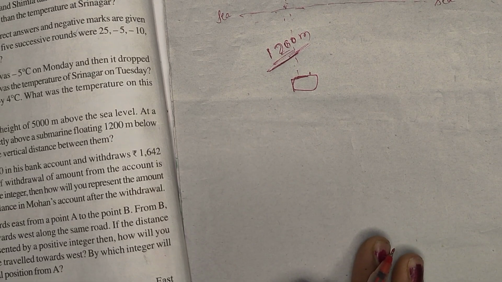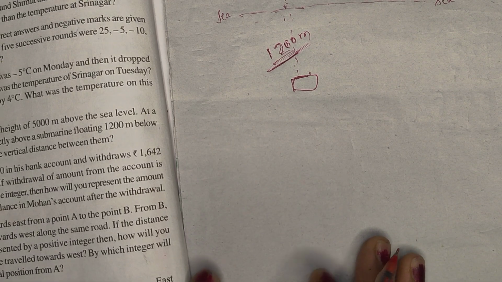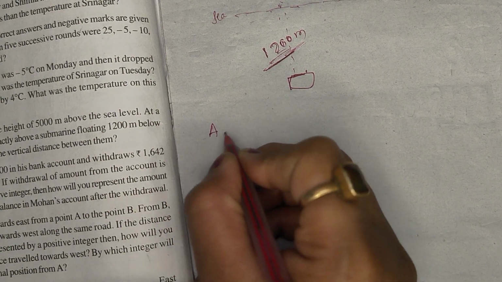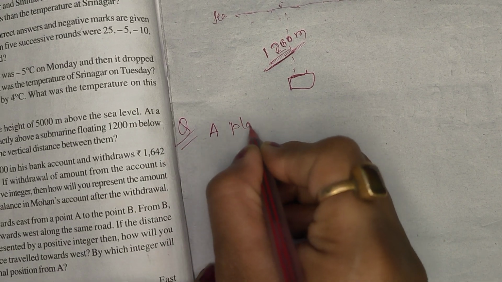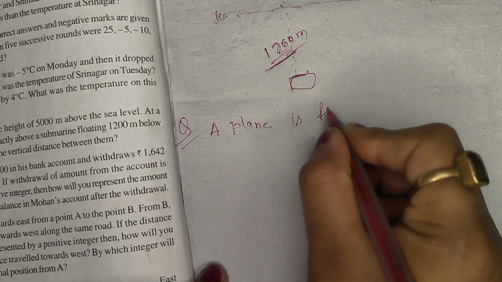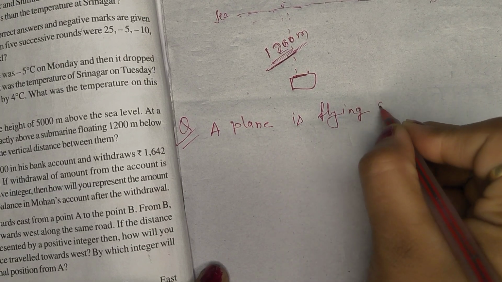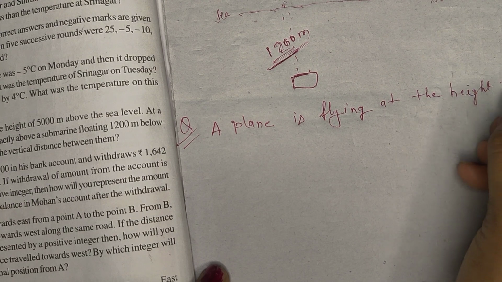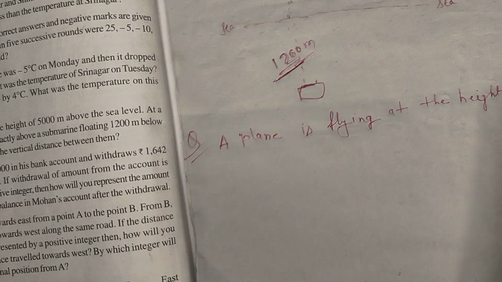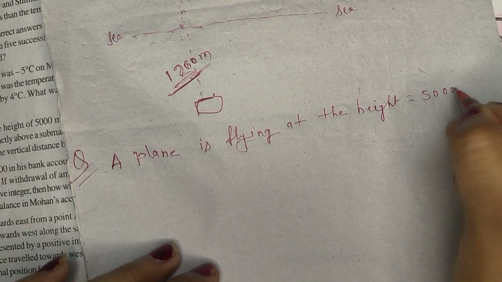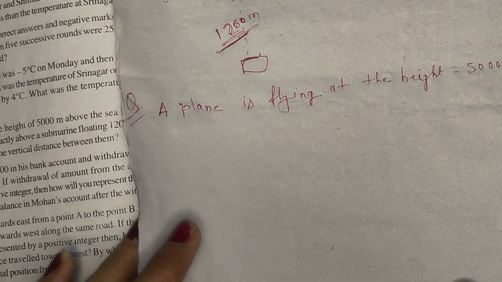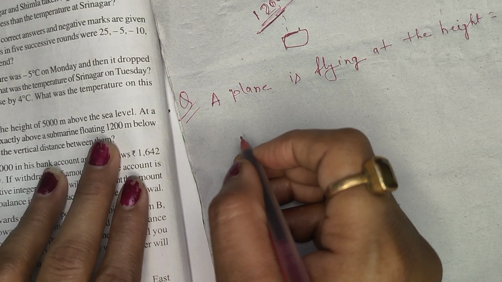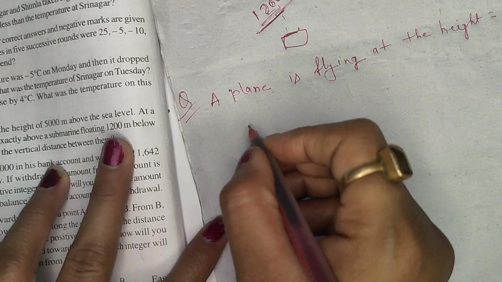A plane is flying at the height of 5,000 meters, and second is a submarine floating 1200 meters below the sea level.